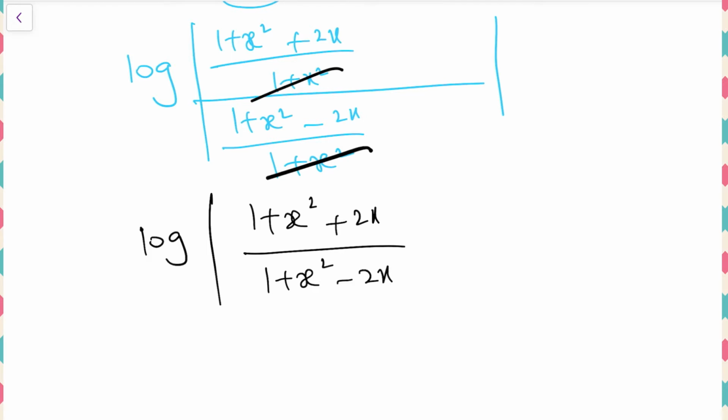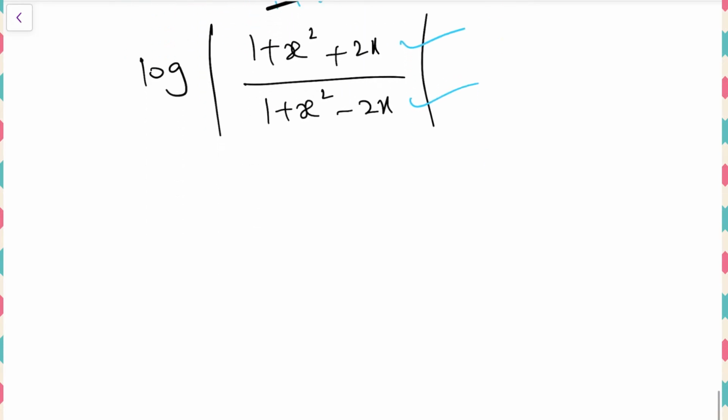Now if we observe the numerator as well as the denominator clearly, we will get some identity or formula. 1 plus x square plus 2x, that is the a square plus b square plus 2ab formula. 1 plus x square minus 2x, that is the a minus b whole square, a square plus b square minus 2ab formula.